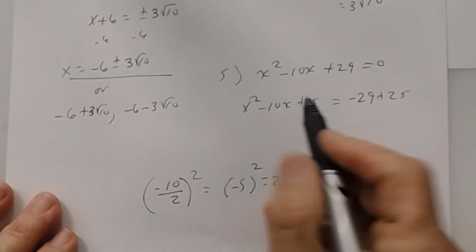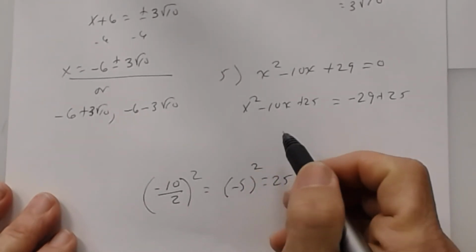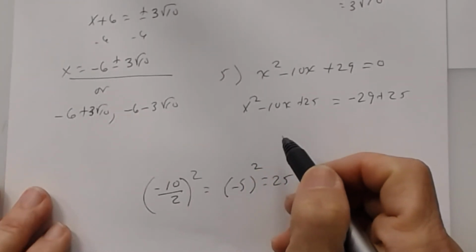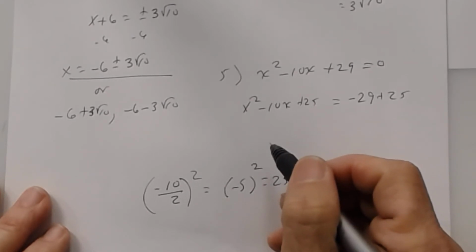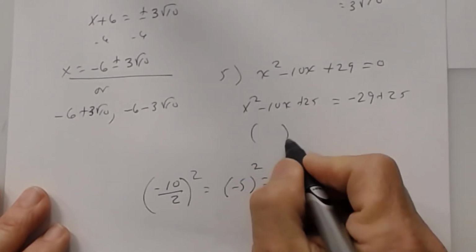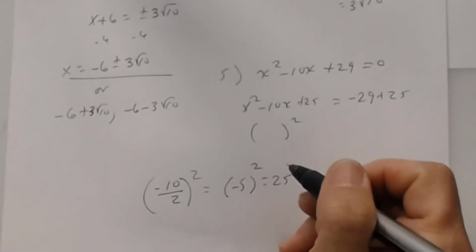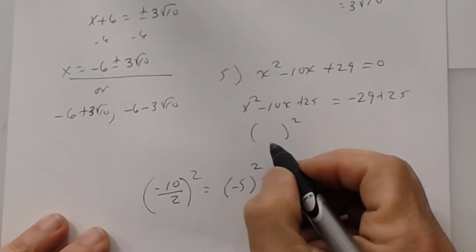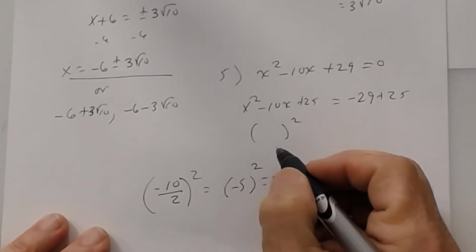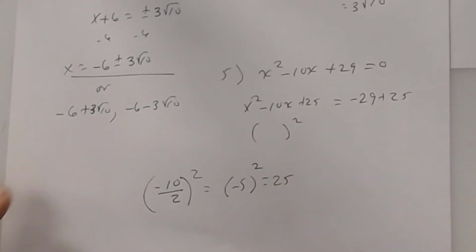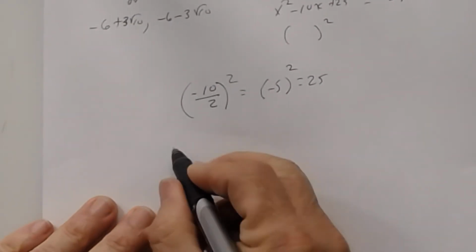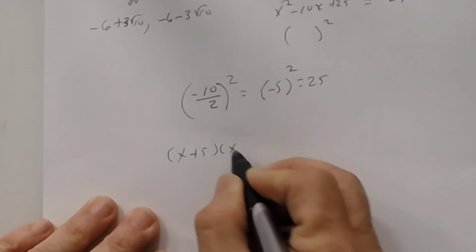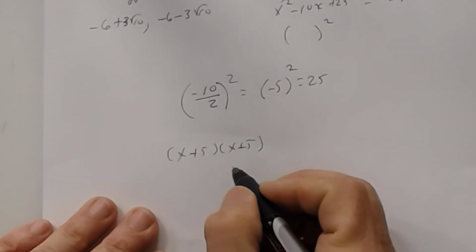Okay. So now the trinomial on the left is what kind of trinomial now? Perfect square trinomial. It's a perfect square trinomial because I can write it as a binomial square. That's what makes it a perfect square trinomial. X minus 5, good. Not x plus 5, because if you make that mistake, and some of you will, and you check it, you know that cannot be right.